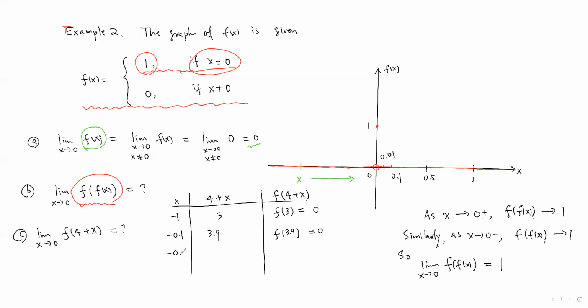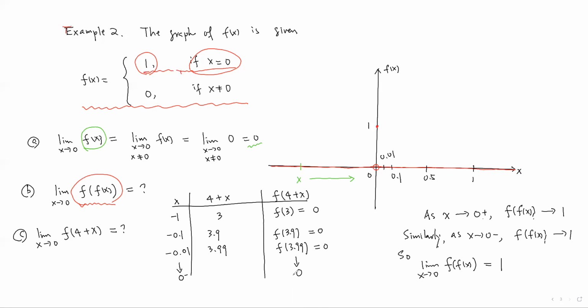Let x get even closer to 0. Then this is 3.999, and it is 0. According to the definition of function f, whenever x is non-zero, the function value is 0. And so on. From this table, we can see that when x approaches 0 from the left side, the last column approaches 0.